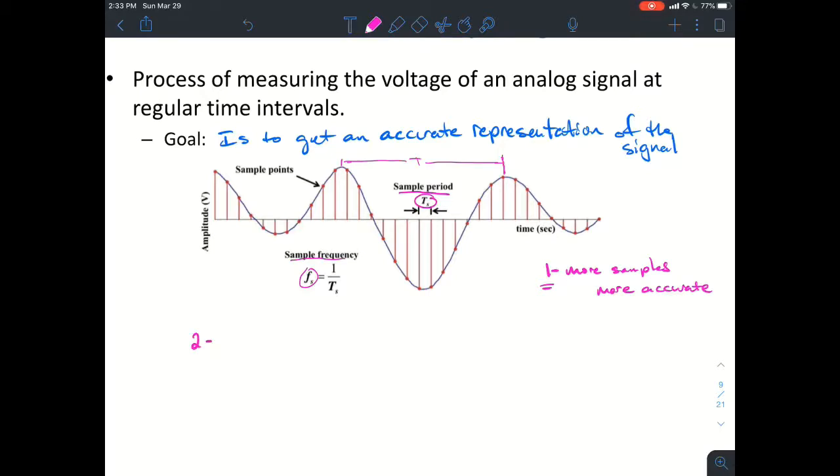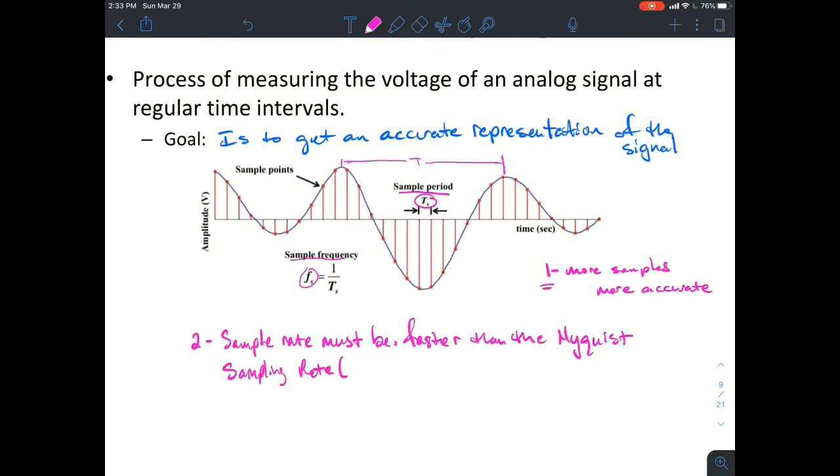We actually have to have a sample rate, so our sample rate must be faster than what's called the Nyquist sampling rate. This is F sub capital N, and this is based on the work of a scientist, an engineer a while ago.